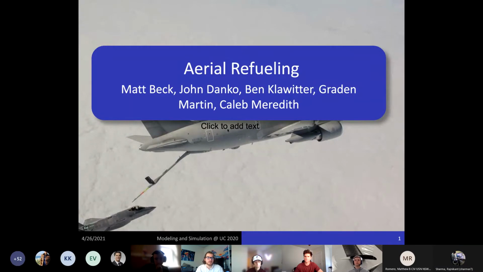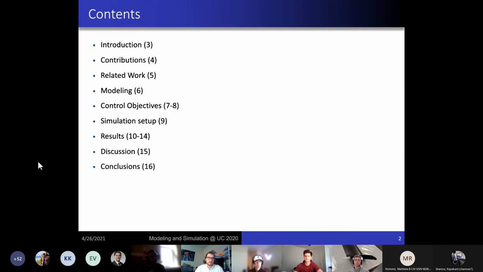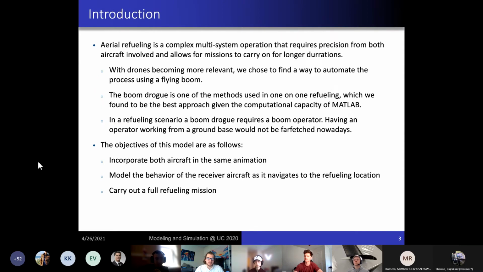All right, so we're team 8. We did the aerial refueling as well. Our team included Matt, John, myself, Graydon, and Caleb. This is just a rundown of our table of contents, what we cover in our slides. For an introduction, aerial refueling is a very complex multi-system operation that requires precision from both planes involved.